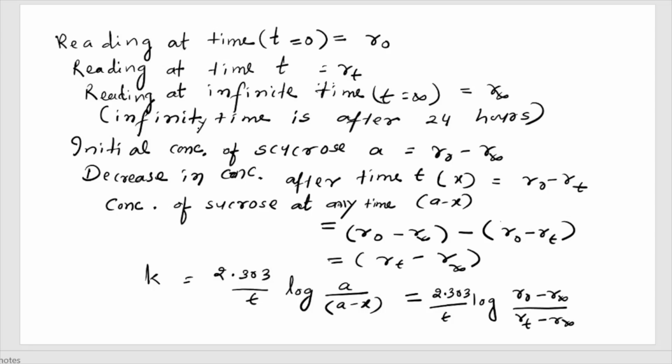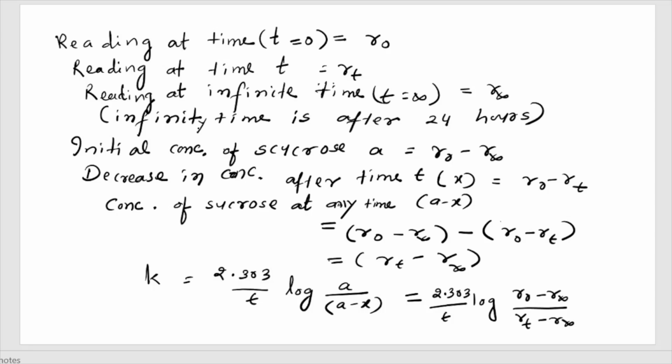So the initial concentration of sucrose, that is A, small a, how can you say? R0 minus R infinity. Because when the reaction is at time 0, the product values are 0. So the initial concentration of sucrose is R0 minus R infinity.